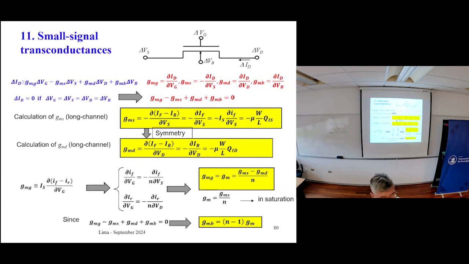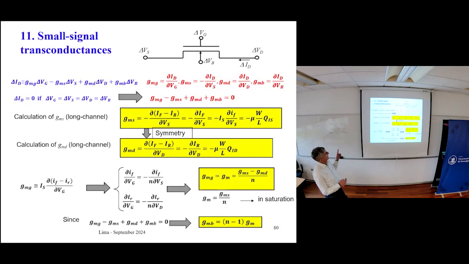What's the result of the current variation? It should be zero, because the current depends on the voltage difference, such as in a resistor, right? So if delta VG, delta VS, delta VD, delta VB are equal, then delta ID equals zero.